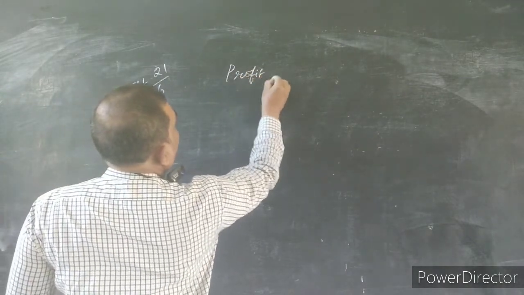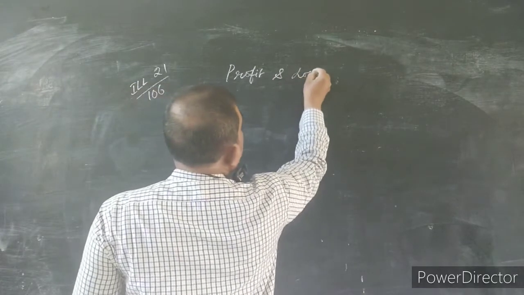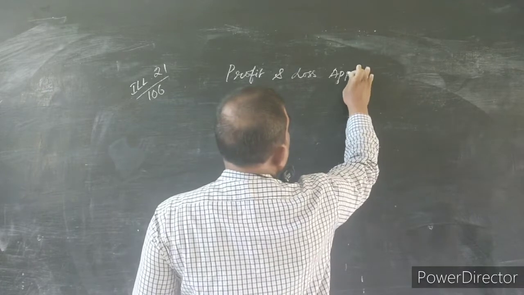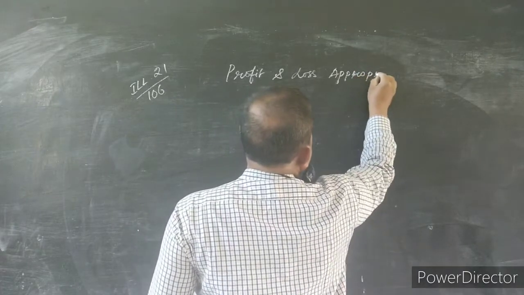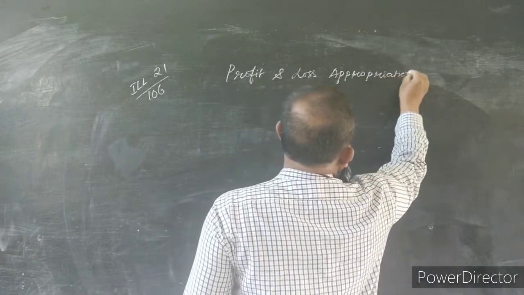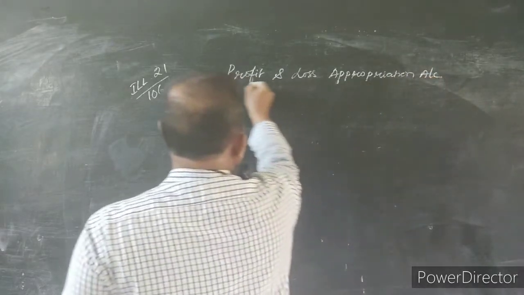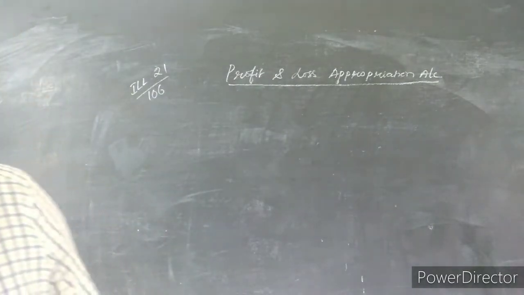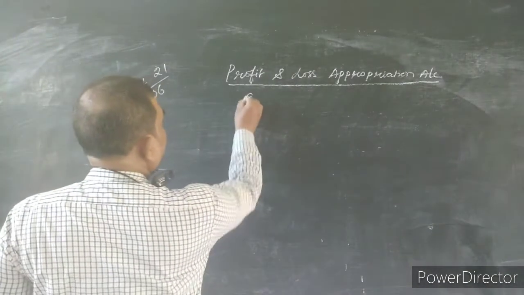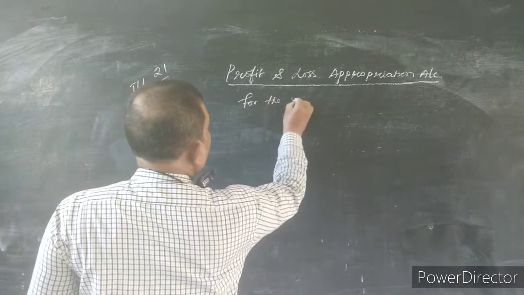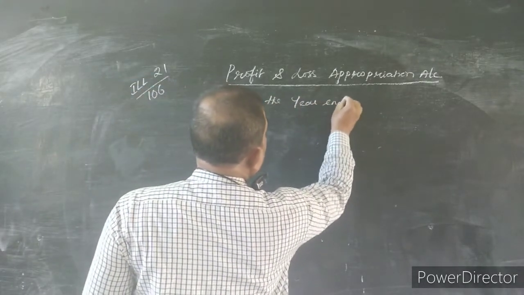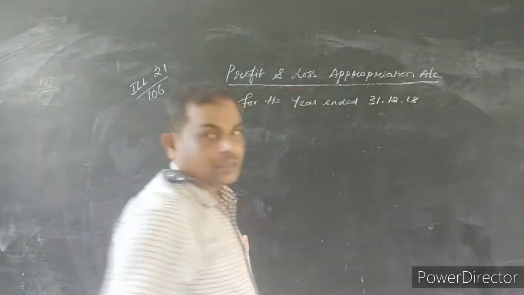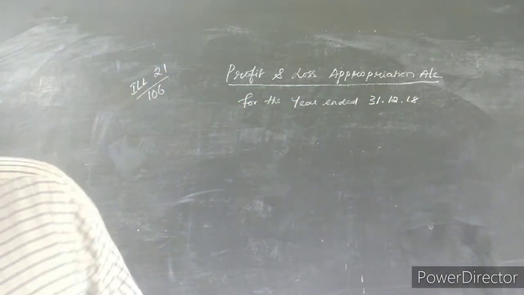Profit and loss appropriation account for the year ended 31st December 2018.